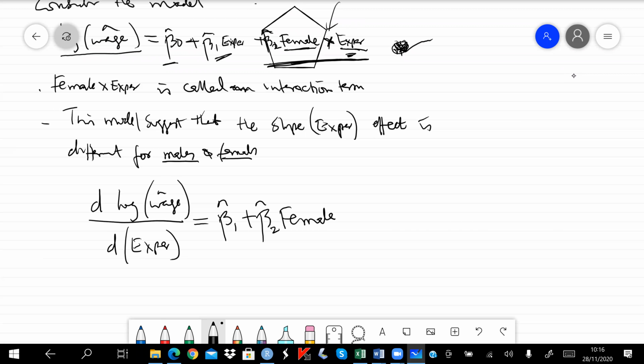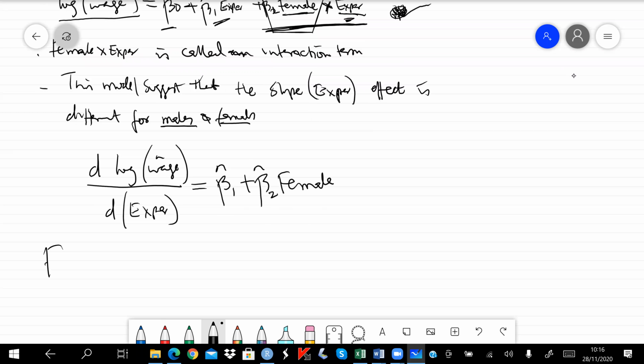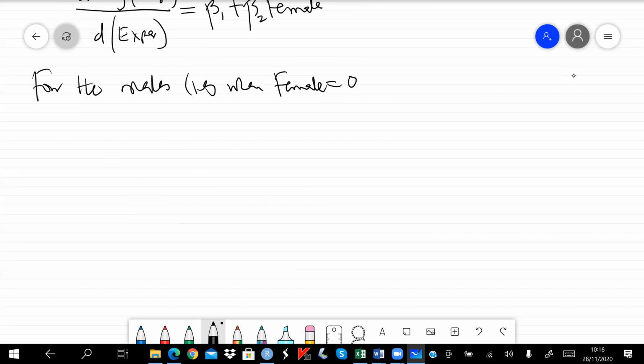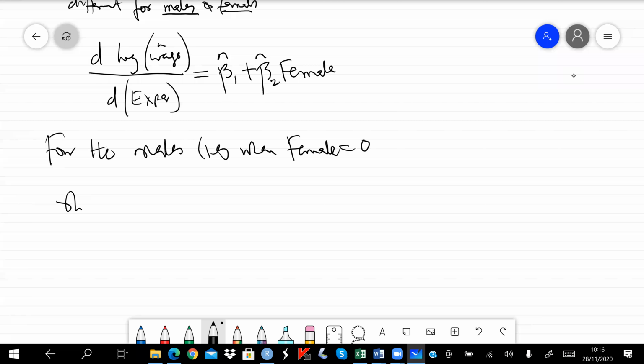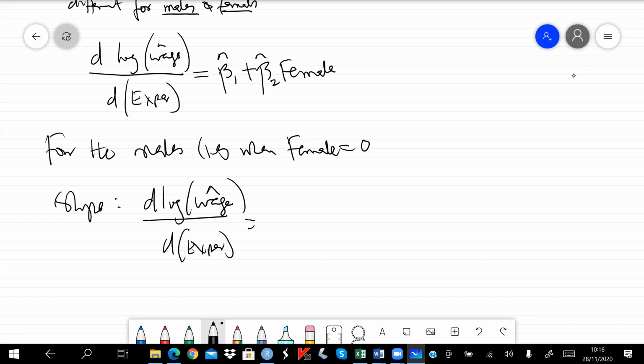Okay. Then we say for the males, that is when female is equal to 0, the slope is given by d log of wage estimate divided by d of experience equal to, if you put 0 there, you'll be left with beta 1 estimate.